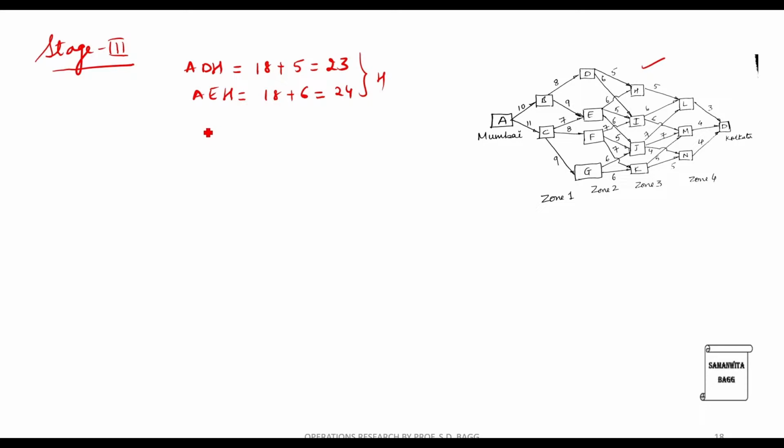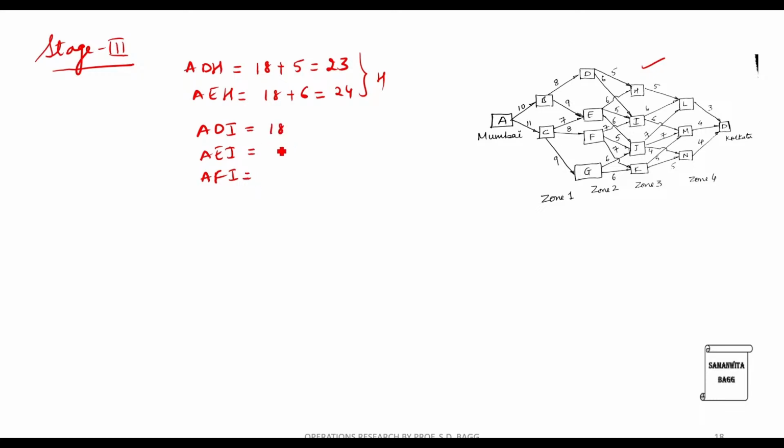I can go from ADI. I can go to AEI. I can go to AFI. Now we will not halt at B and C. A, G to I is not there. So let me add all of these.